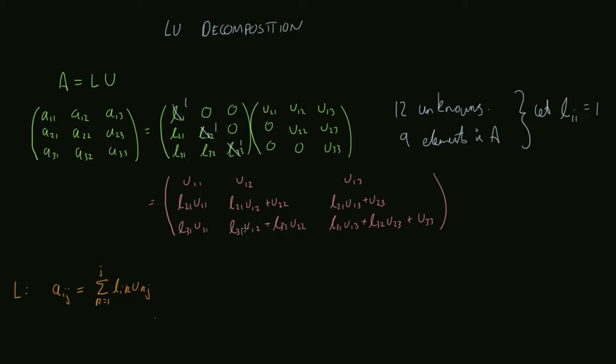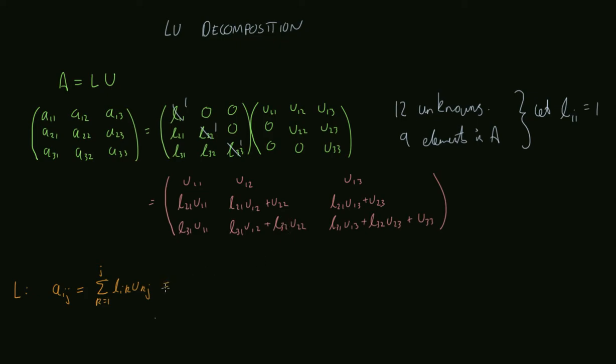Just pick one of these. Let's pick i is 3, j is 2. So k goes 1 to 2, and we have L31 times U12 plus L32 times U22. You can see that there.